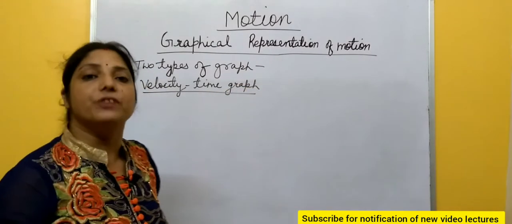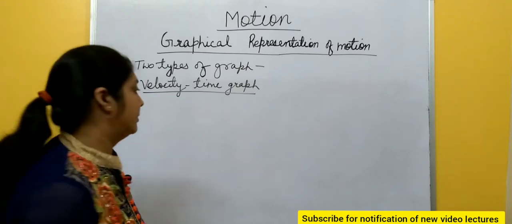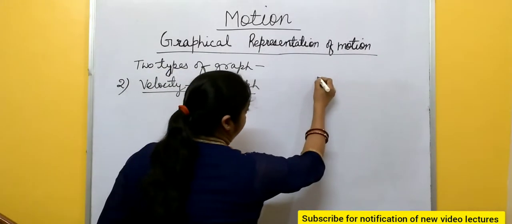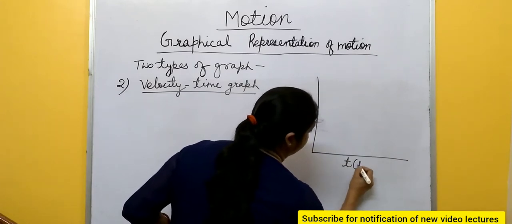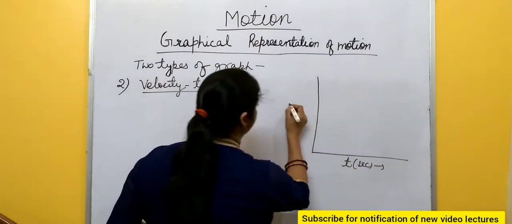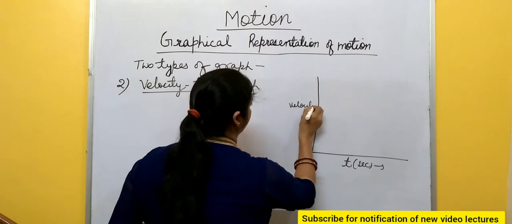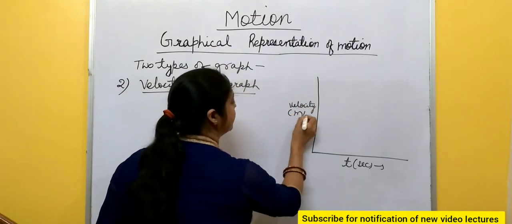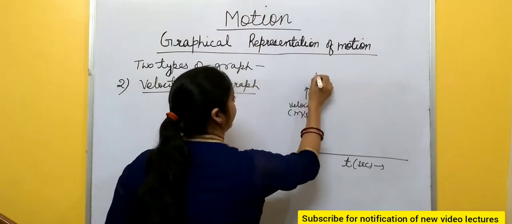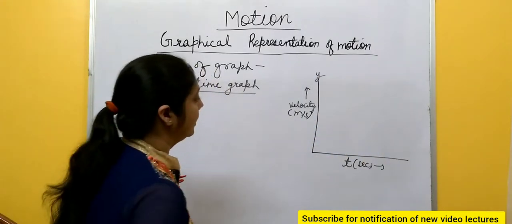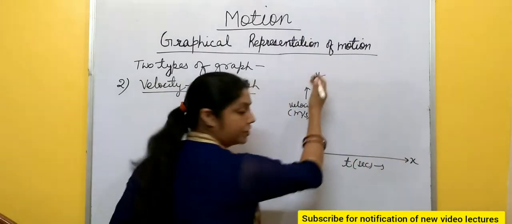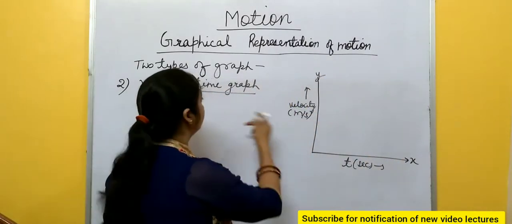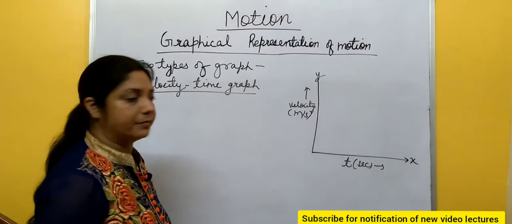It means how velocity changes with time. It can be shown with the help of a graph. Suppose time is along the x-axis, and velocity, meter per second, is along the y-axis. We always take time along the x-axis and velocity along the y-axis to represent the velocity time graph.